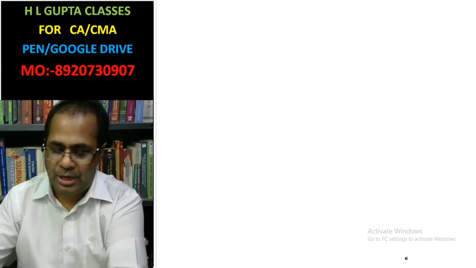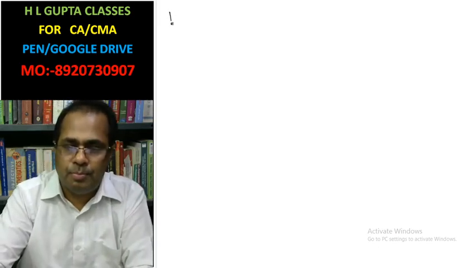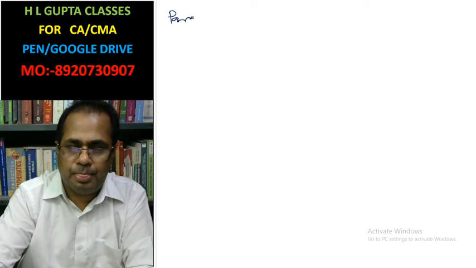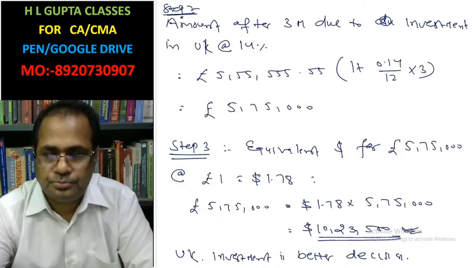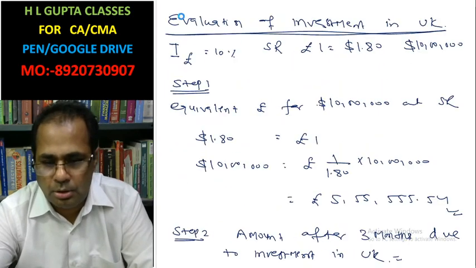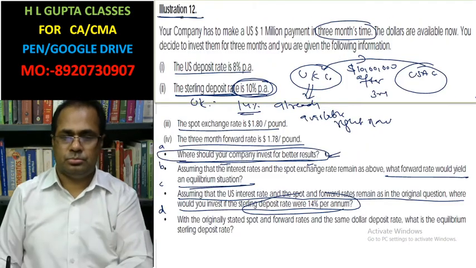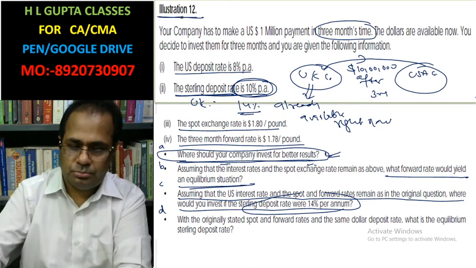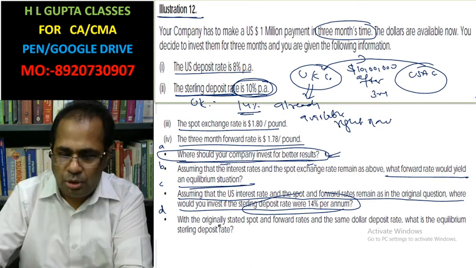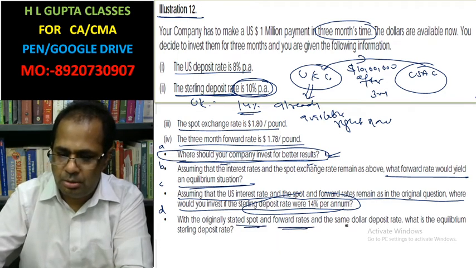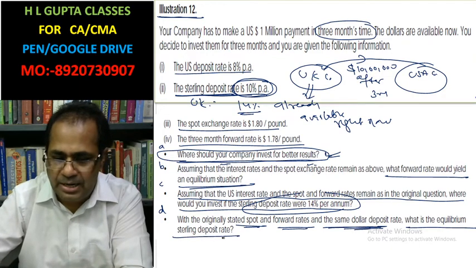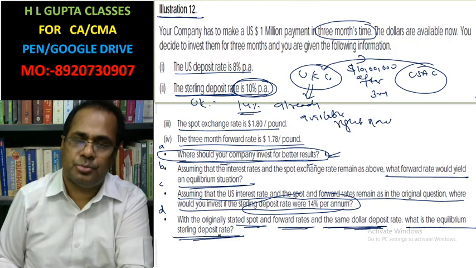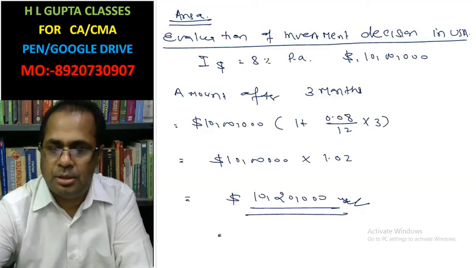Now, I am going to do part 4, part D. See the question here. With the originally stated spot rate, forward rate, and dollar deposit interest rate, what should be the equilibrium sterling pound deposit rate?